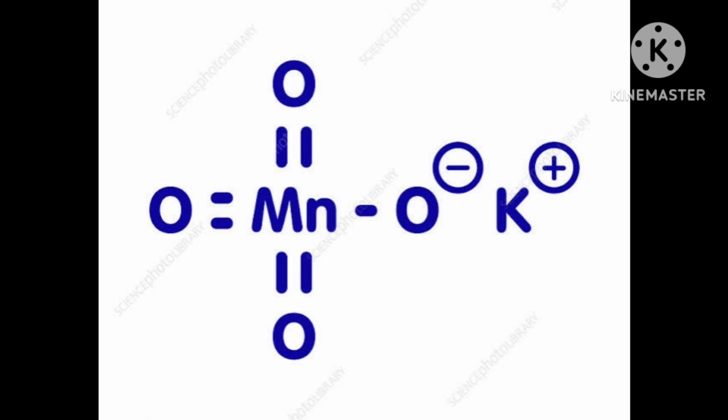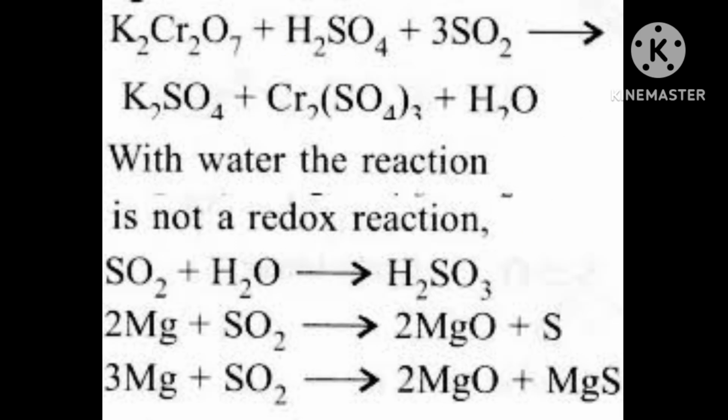You can compare that when oxidation is going on, you will find the oxidation states are changing. They will lose electrons, which means the plus sign will increase on one side, and on the other side it will decrease.